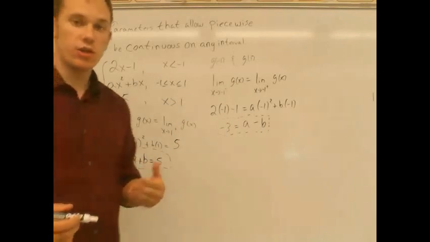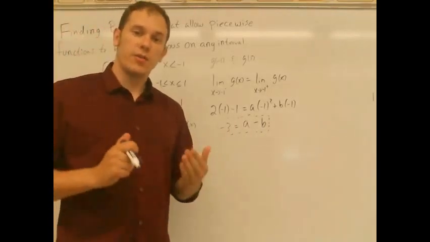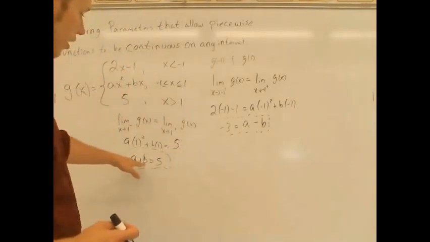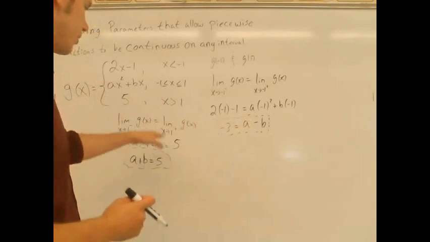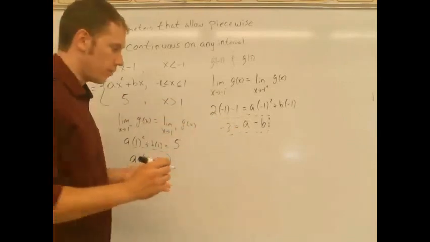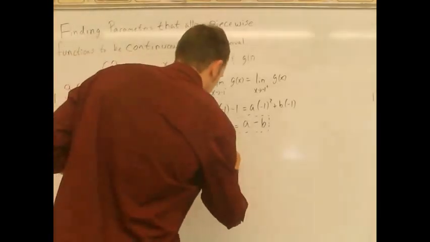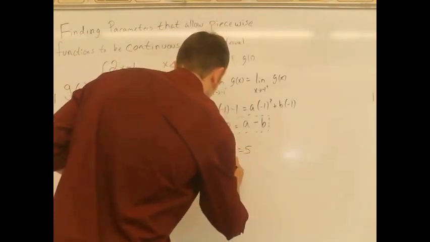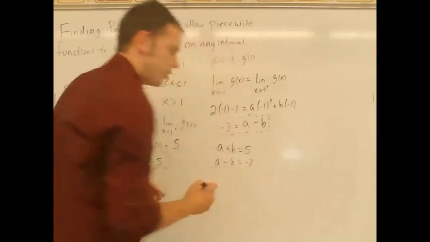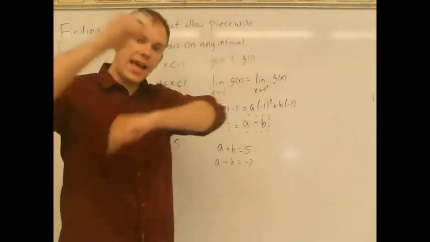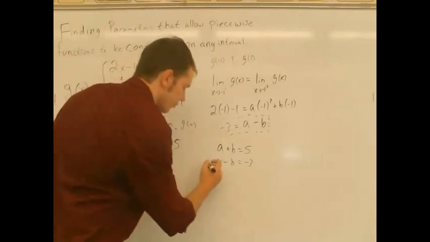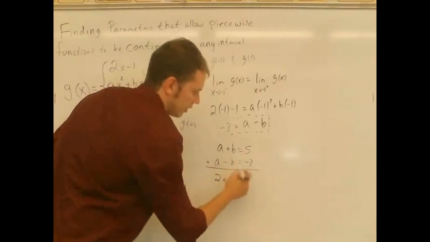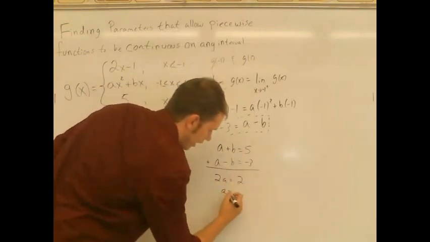So what I'm going to do is treat this as a systems of linear equations problem. A couple things I notice I can do here: because this is a plus b and this is a minus b equals a number, they're in standard form. So I'm just going to put them on top of each other and do systems of elimination by adding the equations together, which gives 2a equaling 2, and then a is equal to 1.